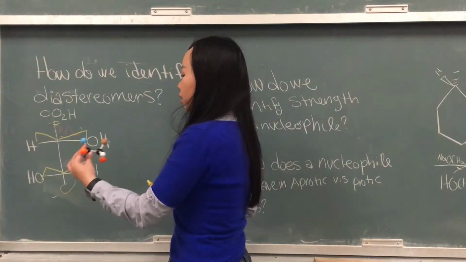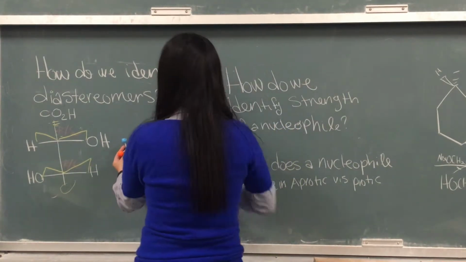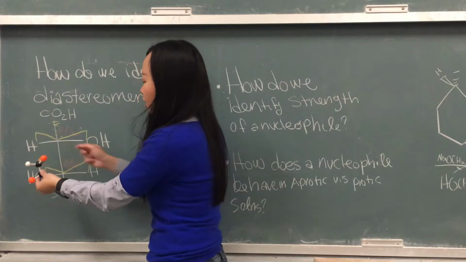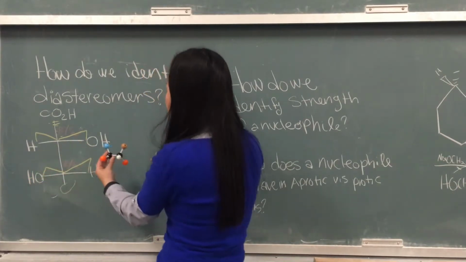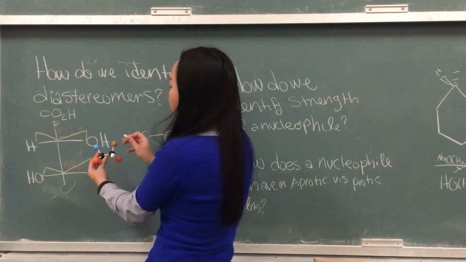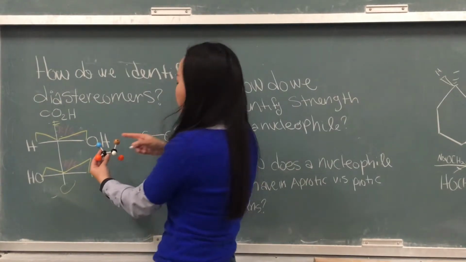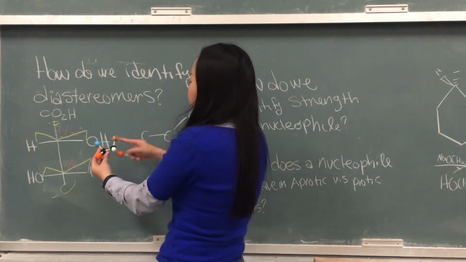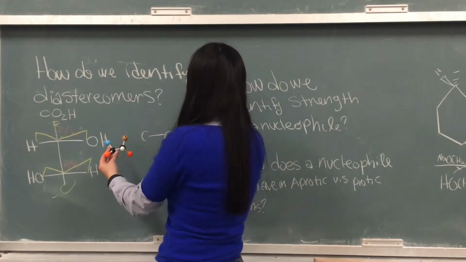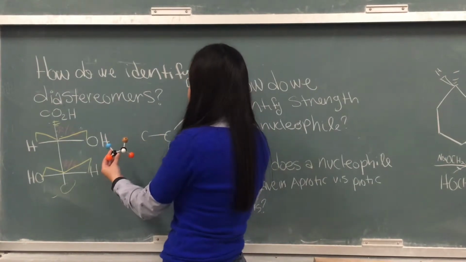If I do this on the carbon, what did you see? I know this is this one. Then put it this way. So you have the carbon in the middle, and your COOH is in the plane. Your hydroxyl group is dashed into the board, and your hydrogen is out.